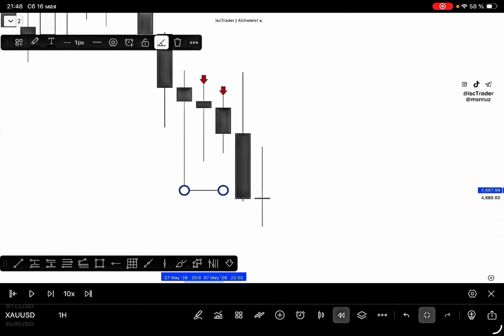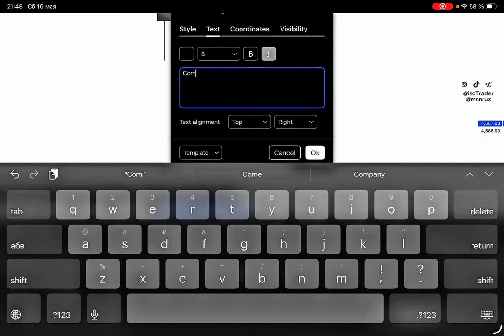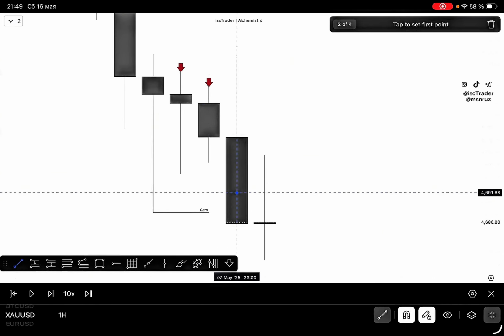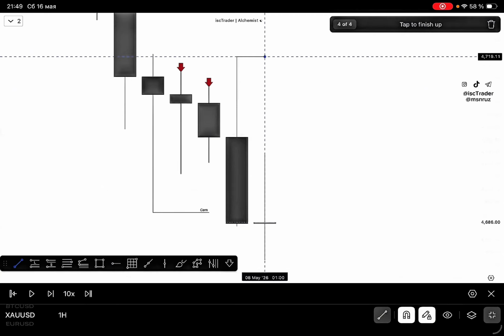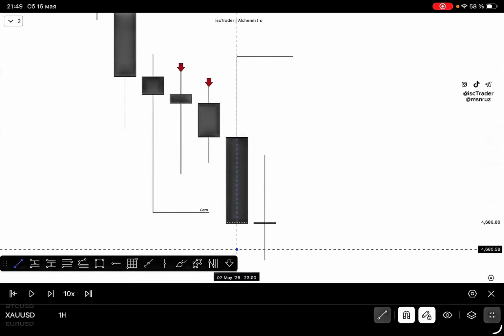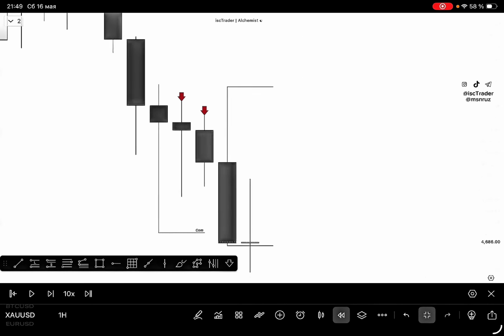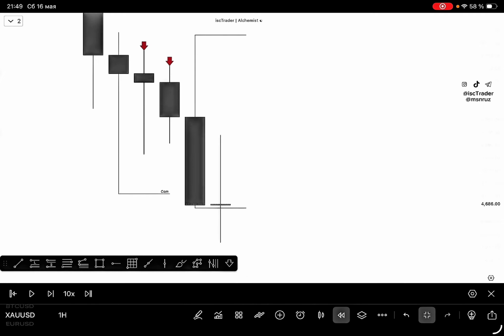And the market is giving us confirmation. After the confirmation, which candle broke? Right here. This candle is breaking it. CRT high, CRT low. We enter the trade exactly like this.